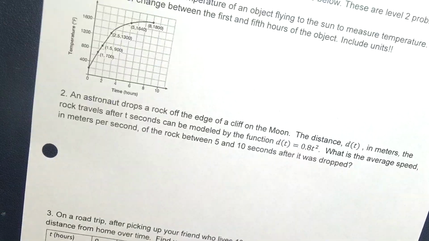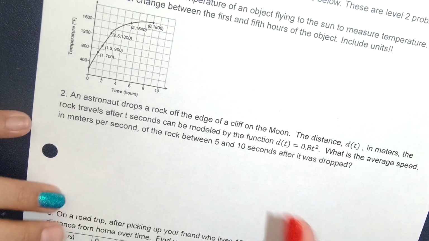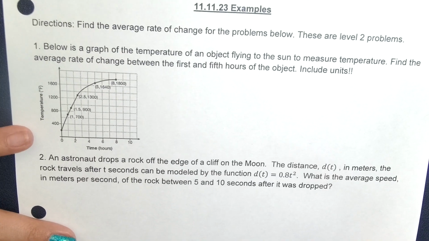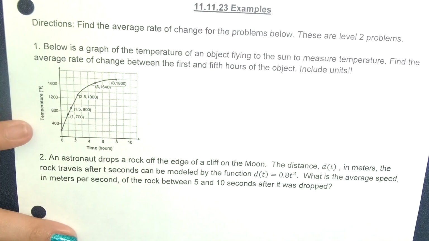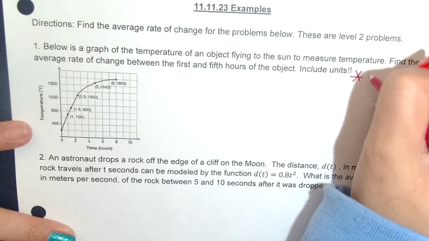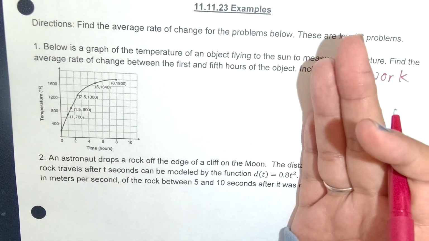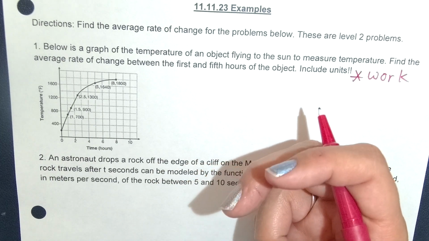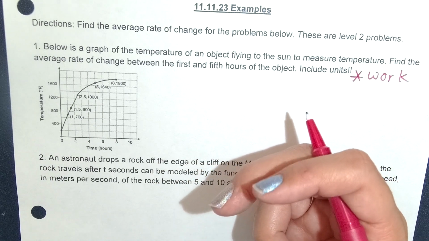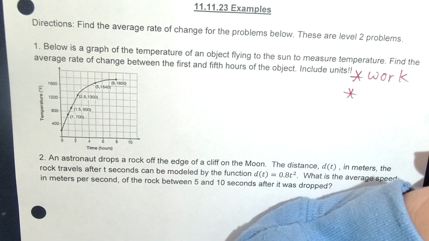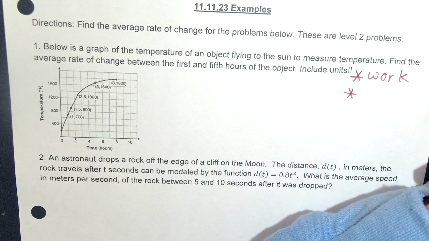Okay. For all of these problems, these are word problems. You're going to need a few things for the word problems. You're going to need to show your work for the word problems. That includes substitution. That includes showing me your y2 minus y1 divided by x2 minus x1. And it does not matter if you got every single rate of change right.